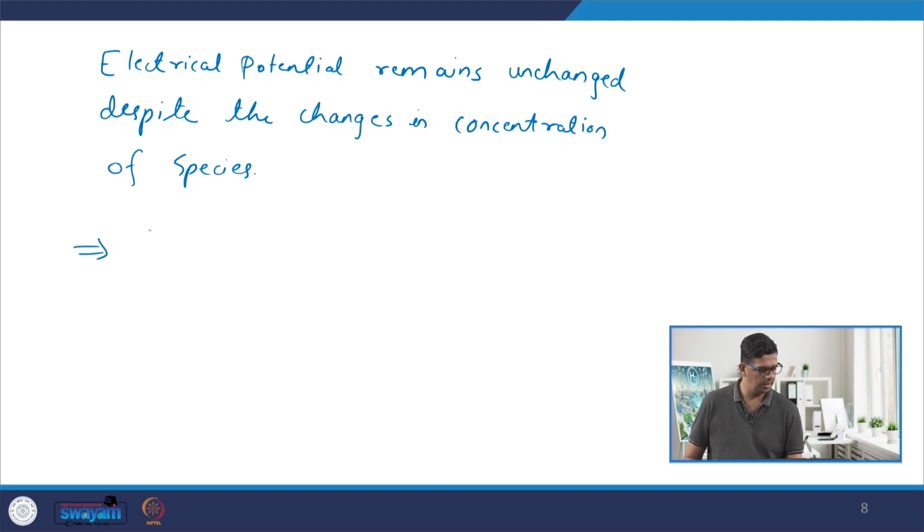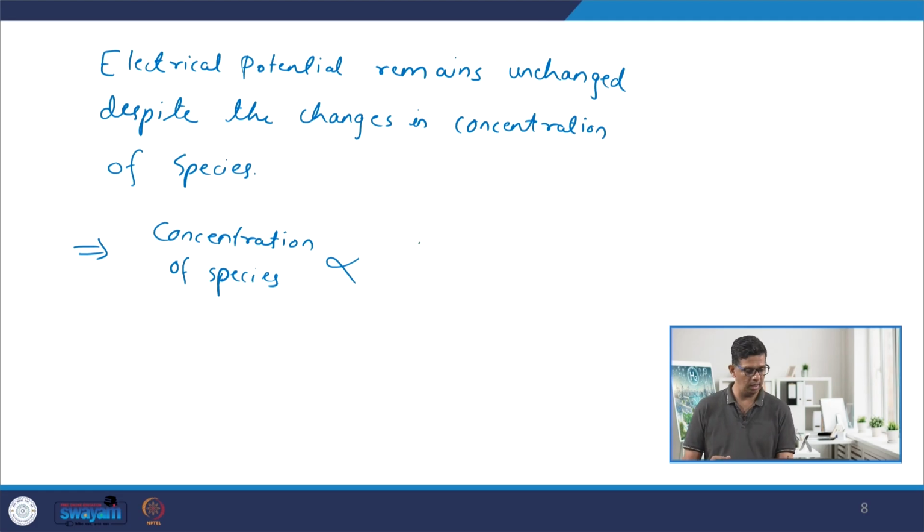So, what it implies is if the concentration of species or other reactant species, that is hydrogen or oxygen or any other fuel and oxidant, if that changes, it ultimately changes the Gibbs free energy.